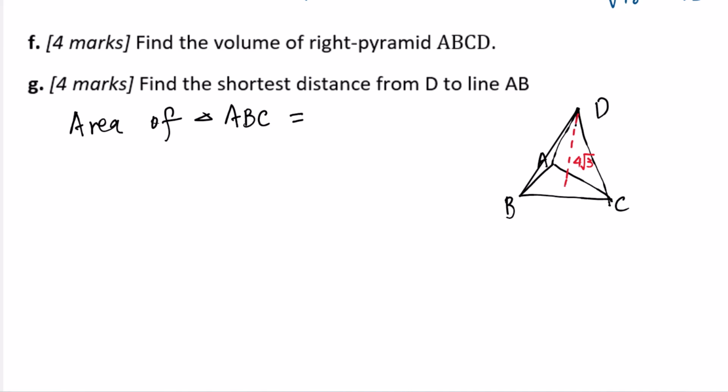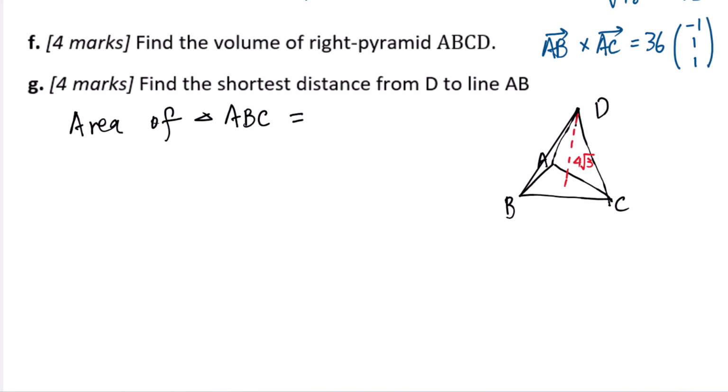Since we already figured out AB cross AC equals 36 times the vector -1, 1, 1.